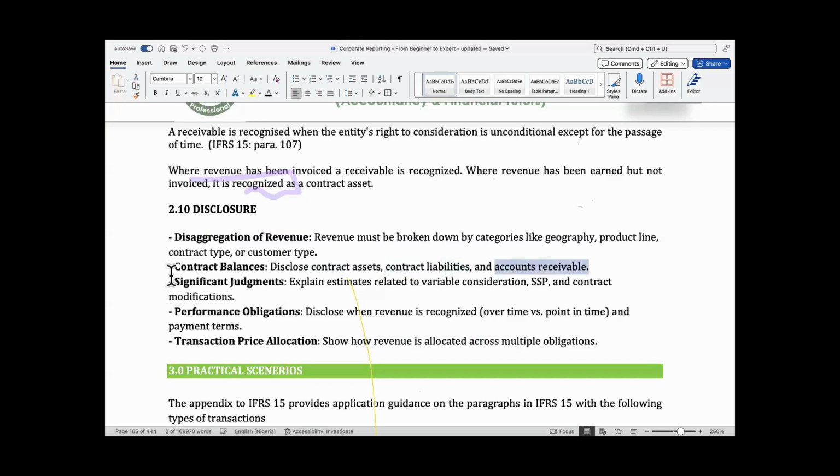You need to also tell us the judgments you have made in terms of where there will be variation in consideration, if there is a contract modification or combination, and how you derive standalone selling prices. This requires some judgments, and you need to disclose them.